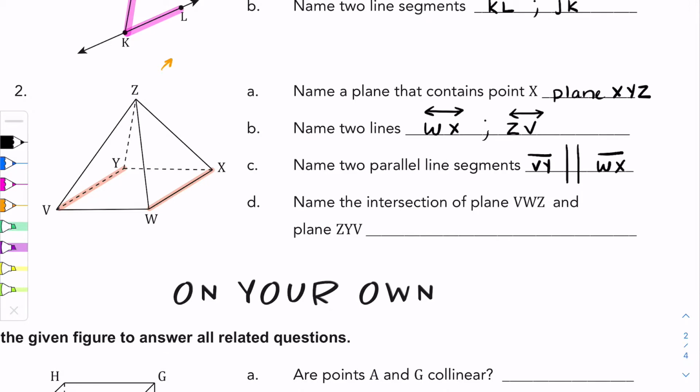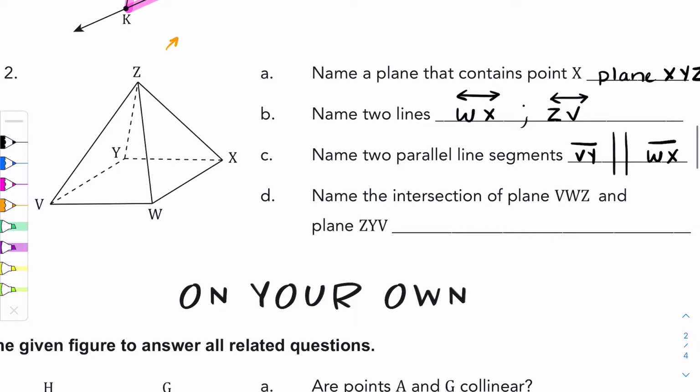D says to name the intersection of plane YWZ and ZYV. So the first plane, VWZ, is this here. And the second plane, ZYV, is this plane on the side.